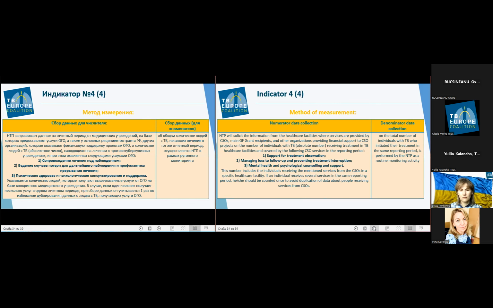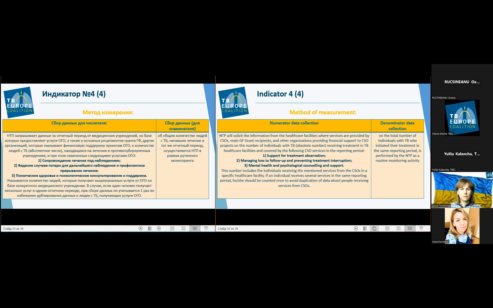And this is about data collection for indicator 4. So now the method of measurement. NTP will solicit the information from the healthcare facilities where services are provided by CSOs, and also from other organizations that provide financial support.